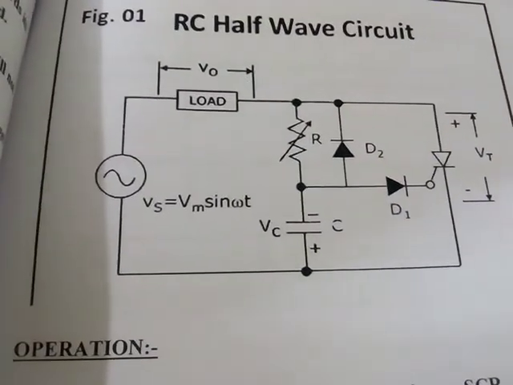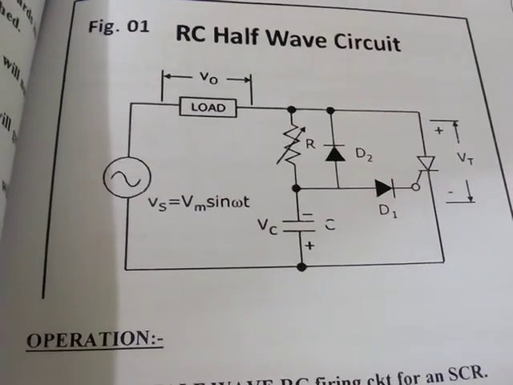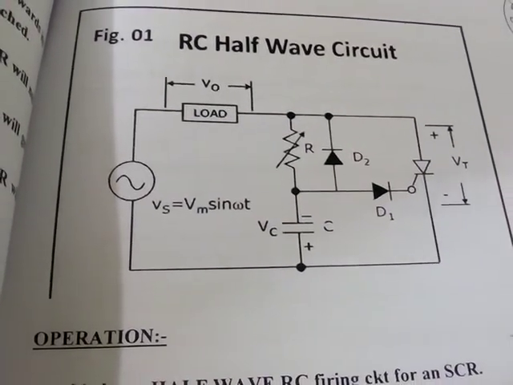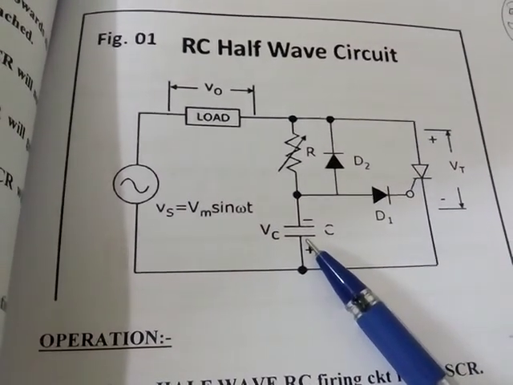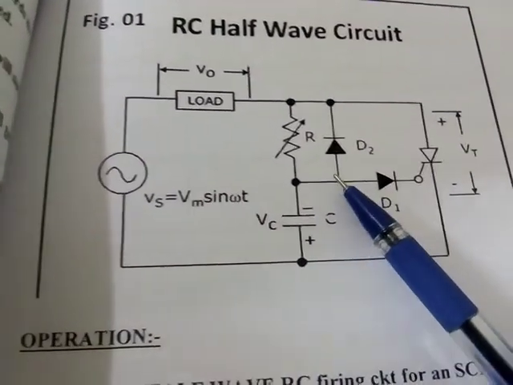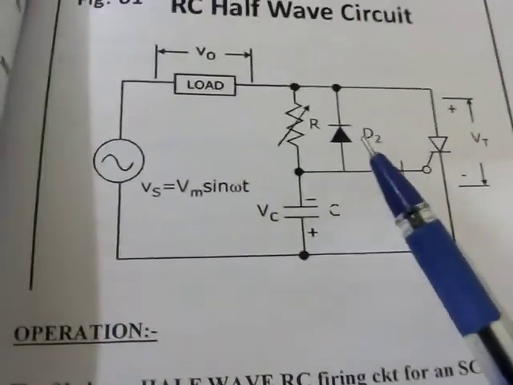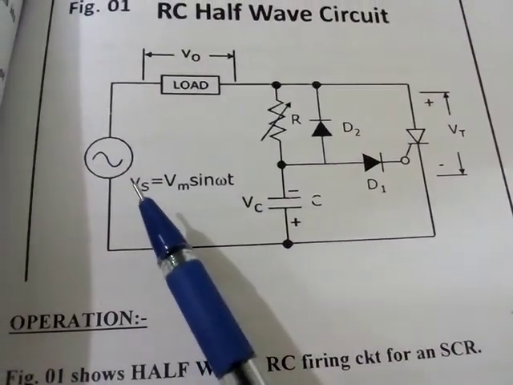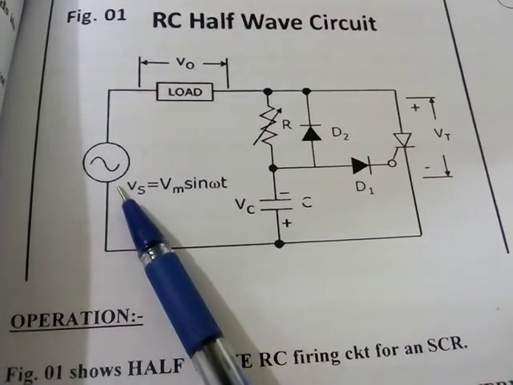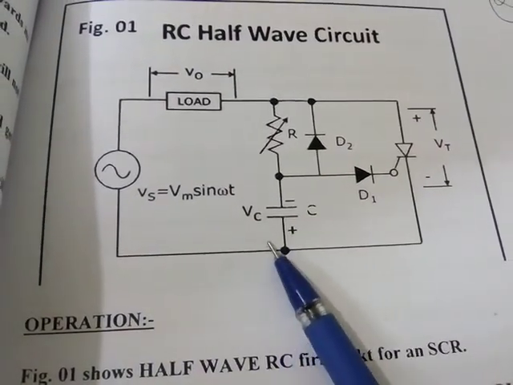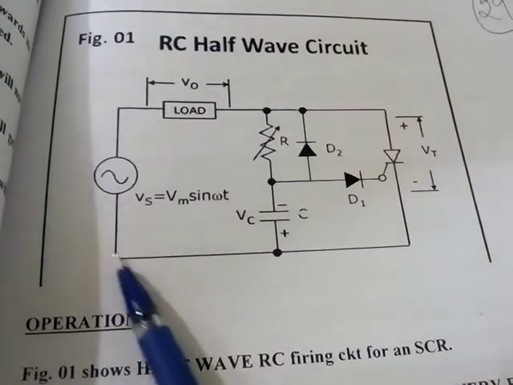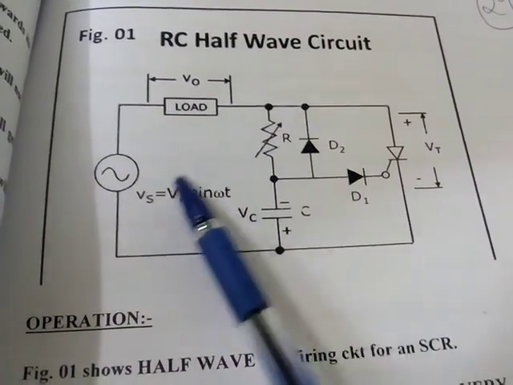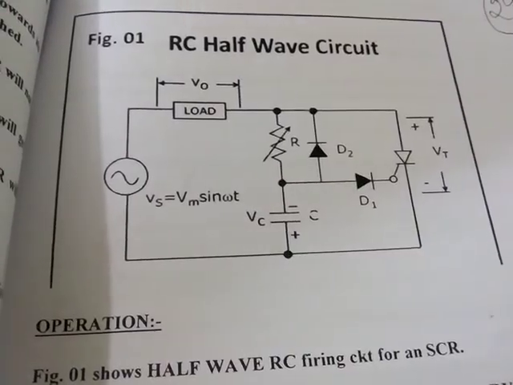So during the negative half cycle, the capacitor will charge through diode D2. You can see here, during the negative half cycle, this will be positive, so current will flow like this, up to the peak value of the supply voltage.